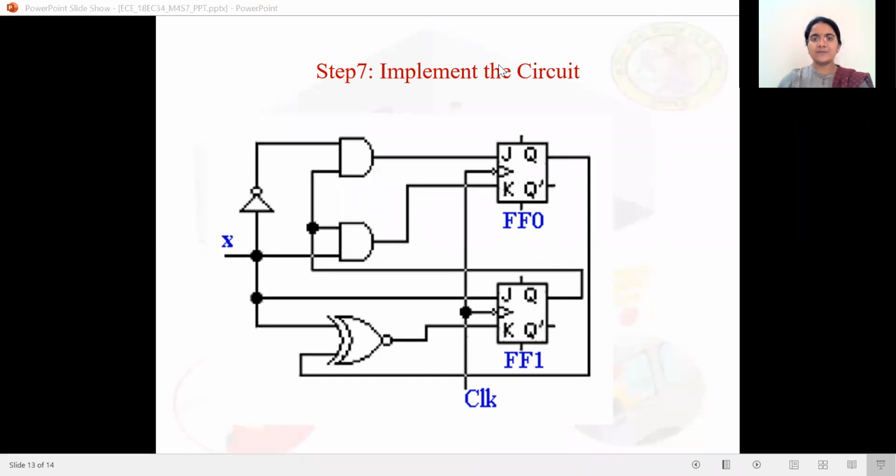And in this way we have to write or implement the circuit.